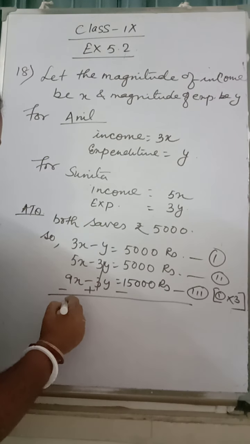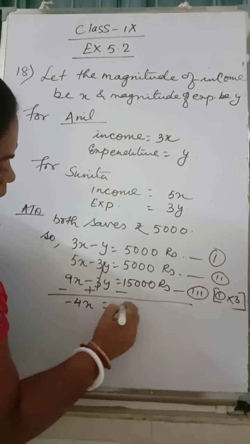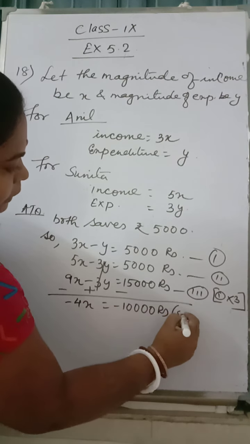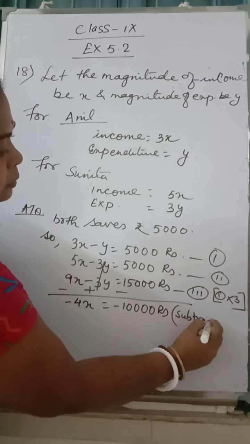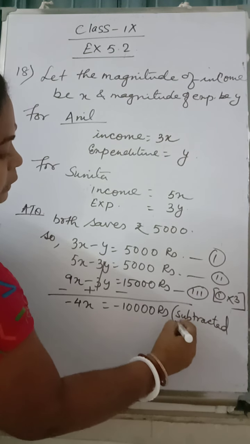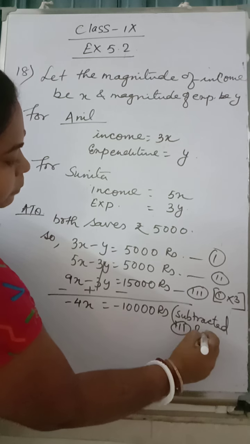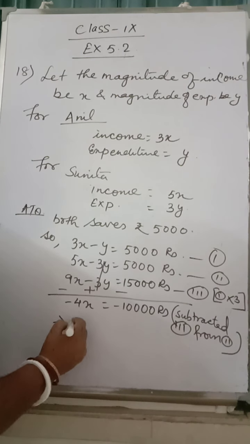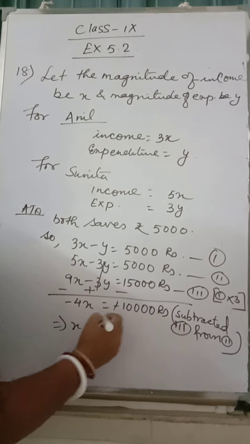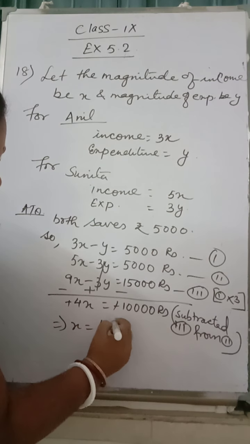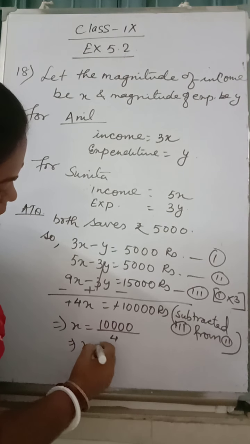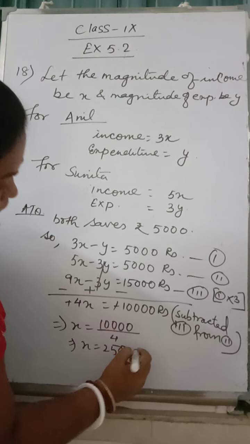So it gives you 4x is equal to 10,000 rupees, subtracting 3 from 2, or x is equal to 10,000 by 4, or x is equal to 2,500.